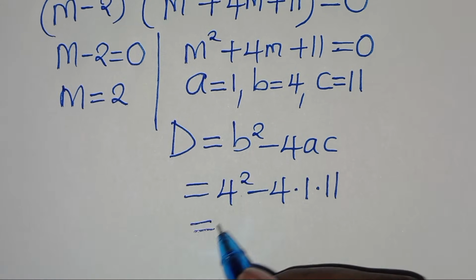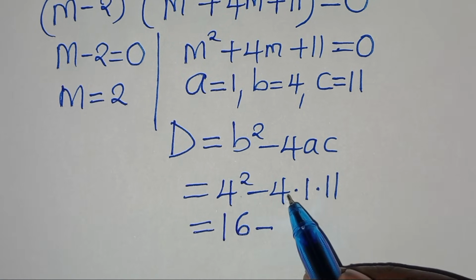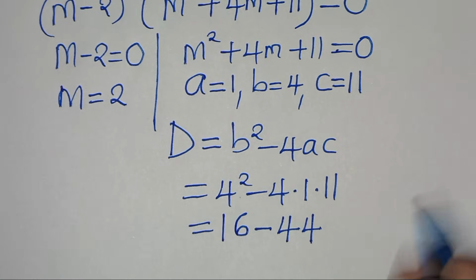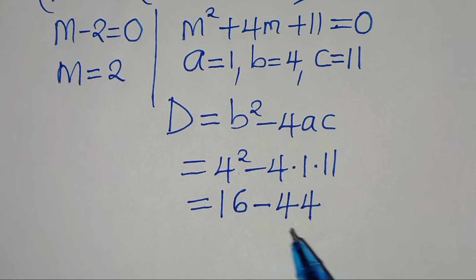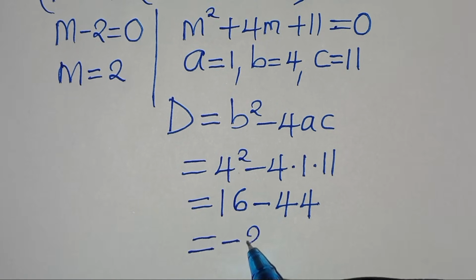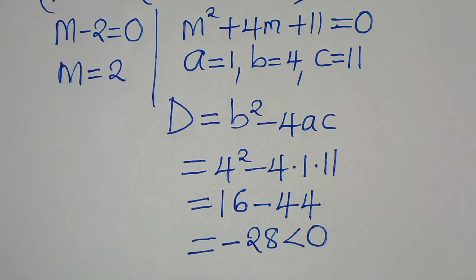So we have 4 squared, this is equal to 16. Subtract 4 times 11, this is actually equal to 44. So we have 16 minus 44, and this is actually equal to minus 28, which is less than 0.